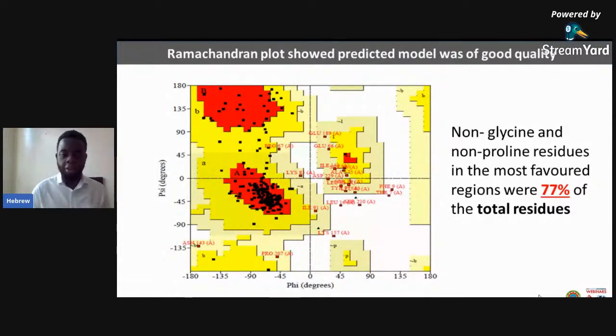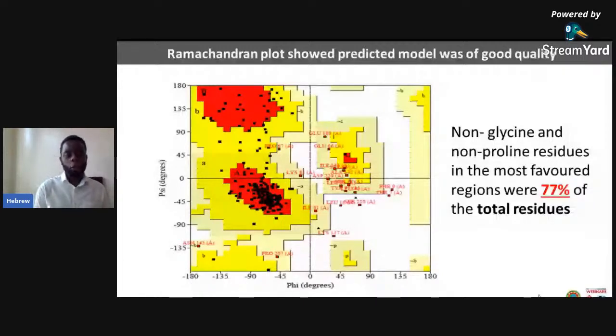And we did this using software or informatics database known as PROCHECK, which allowed us to infer that it was actually a pretty good model. 77% in this case implies that we had 177 residues out of the 243 residues which were actually in the most favored regions.